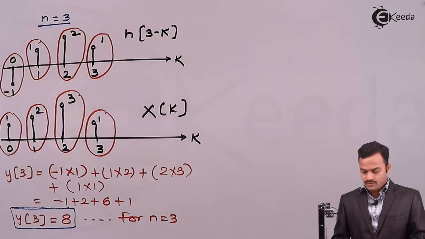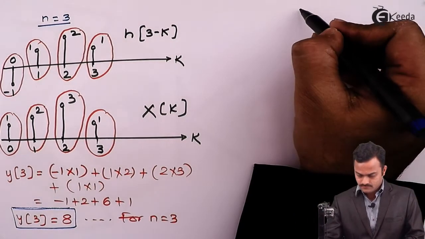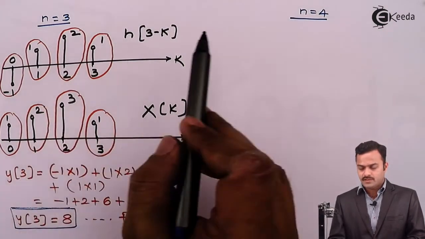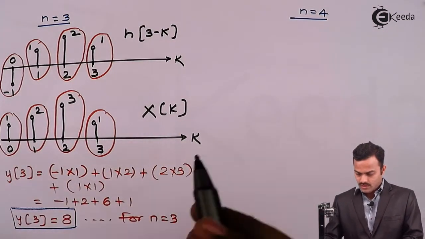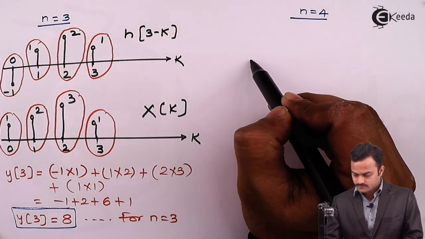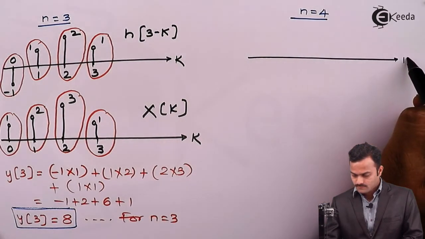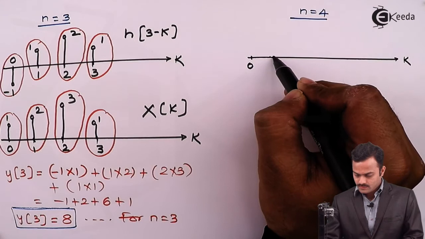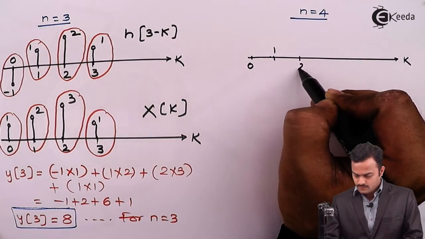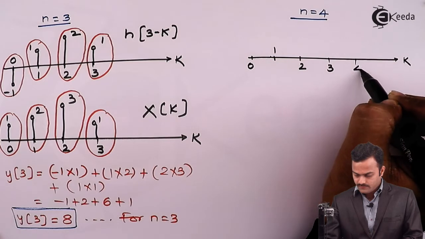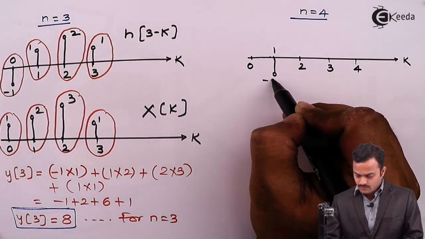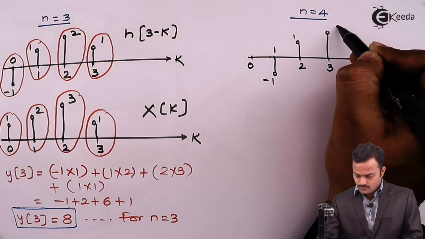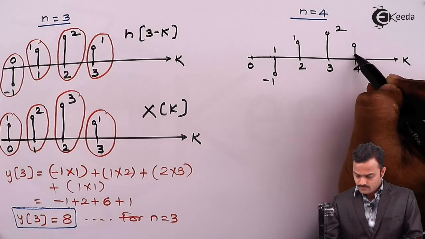Let's do it for n equal to 4 now. So this will be shifted towards right by 1 unit to have the span from 1 to 4. So somewhere here it is 0, which is not required. Here it is 1, 2, 3 and 4 with the values minus 1, 1, 2 and once again 1.